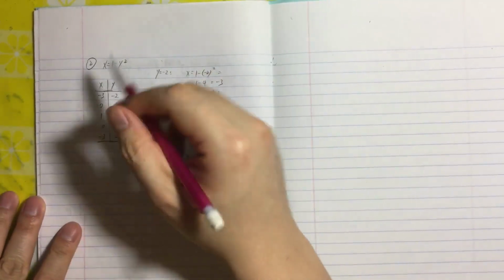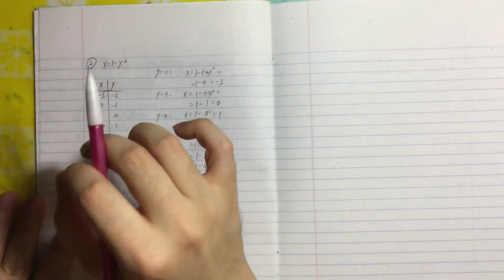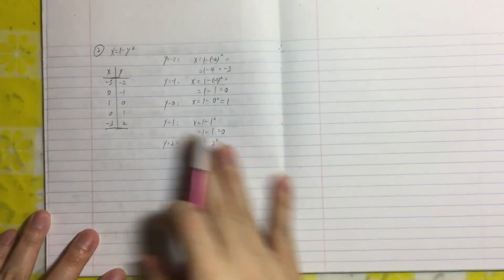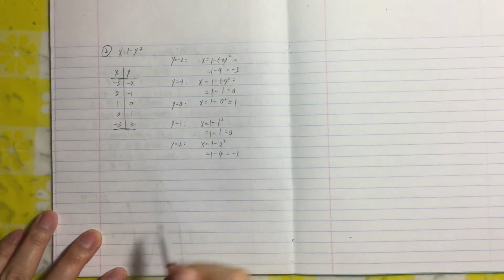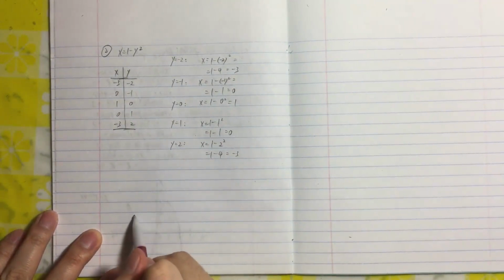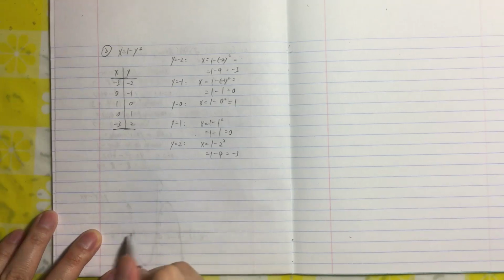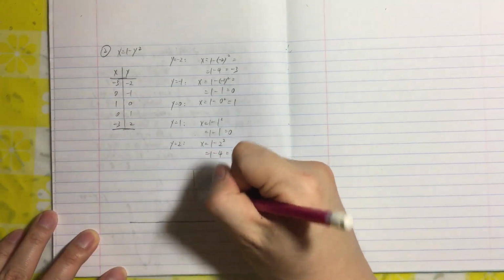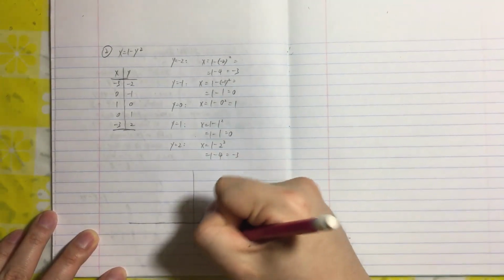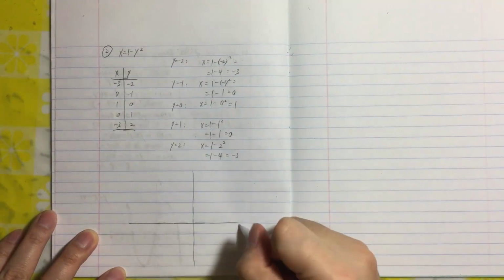Then, once we know the points, we can plot the points and sketch the graph. Next, plot the points. This is the x-axis.